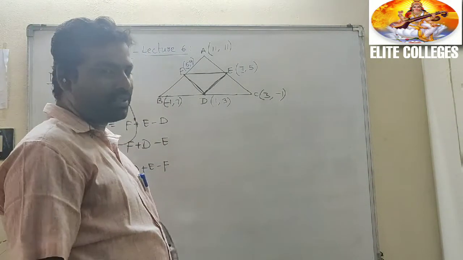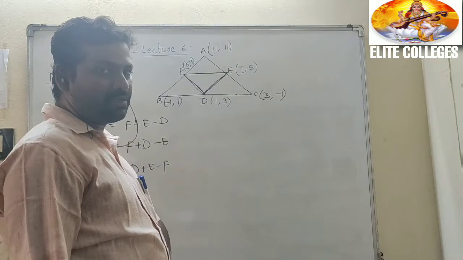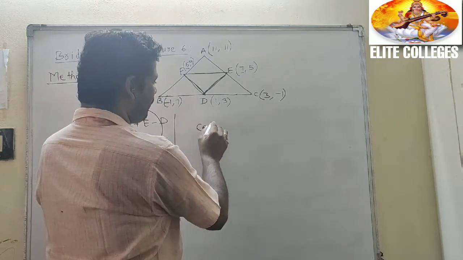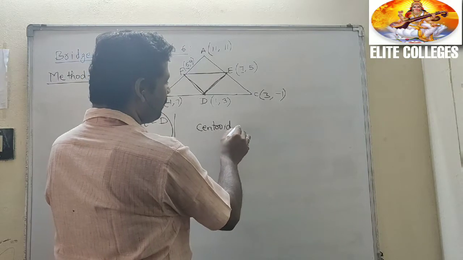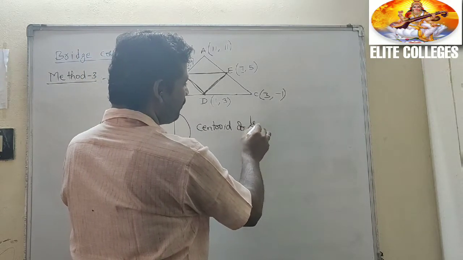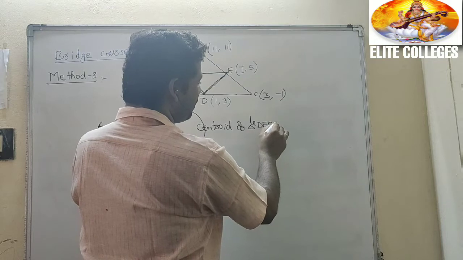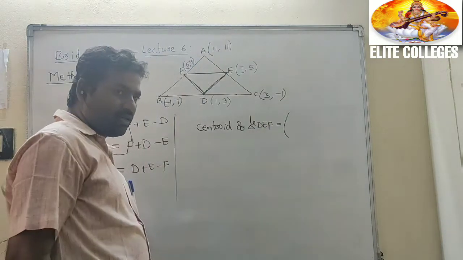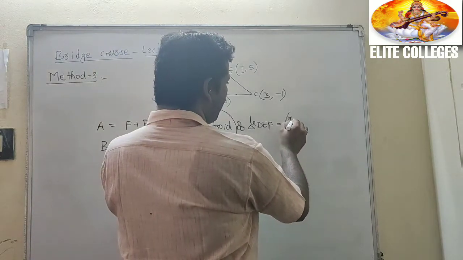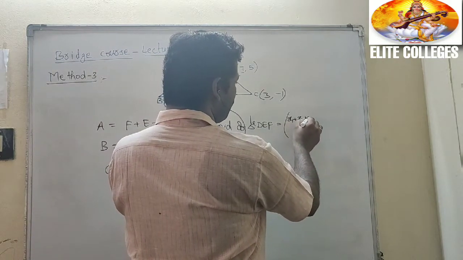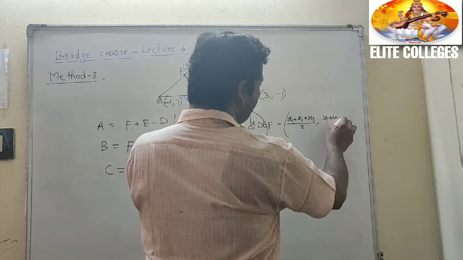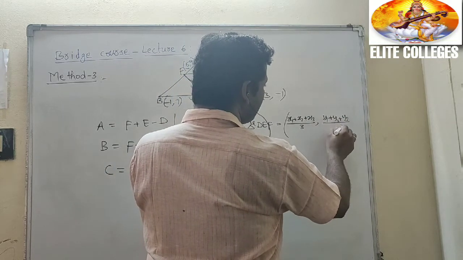What is the centroid formula? x1 plus x2 plus x3 by 3 comma y1 plus y2 plus y3 by 3. So first I am finding the centroid of triangle DEF. What is the formula? x1 plus x2 plus x3 by 3 comma y1 plus y2 plus y3 by 3.